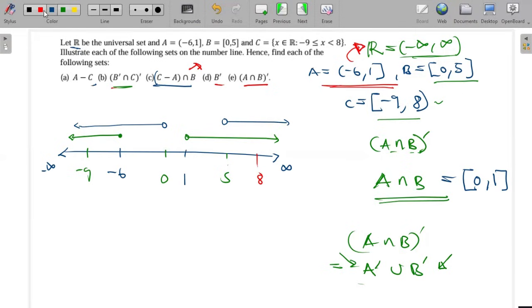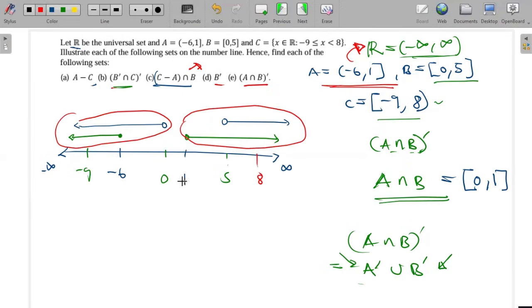So in short, you're going to combine this part and this part, like that. You see that this blue arrow is swallowing the green arrow, and this green arrow is swallowing that blue arrow.